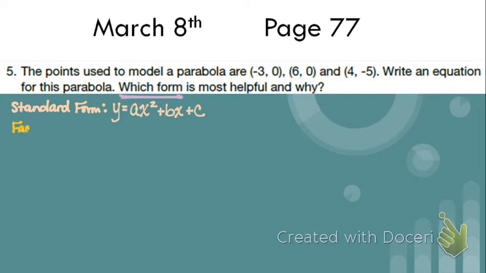We have our factored form, or sometimes this gets called intercept form. This curriculum calls it intercept form. That is y equals a times (x minus r1) times (x minus r2).